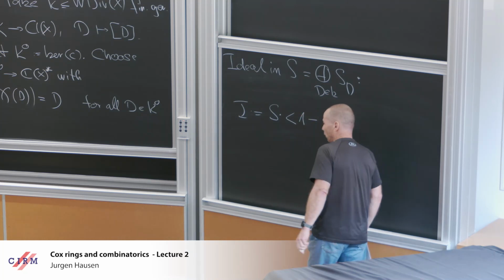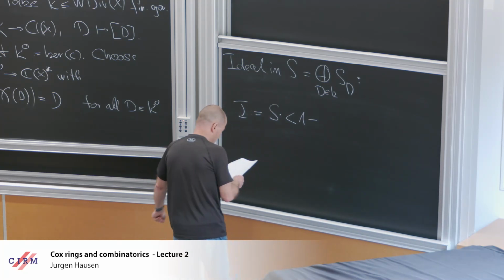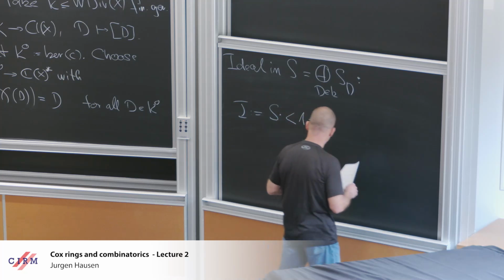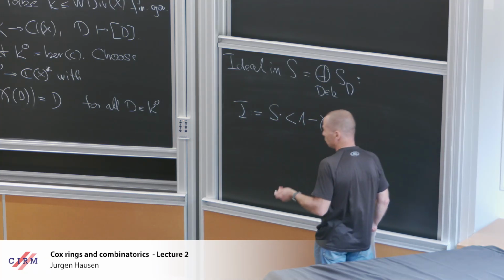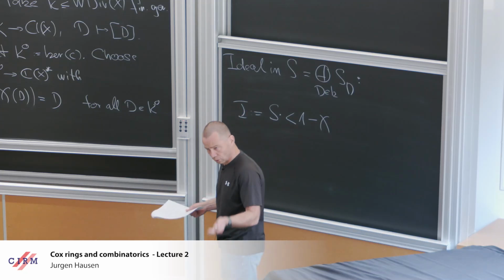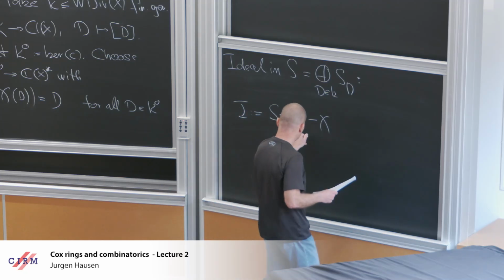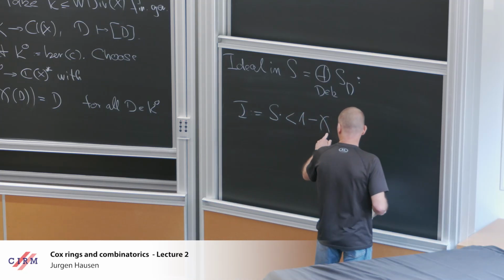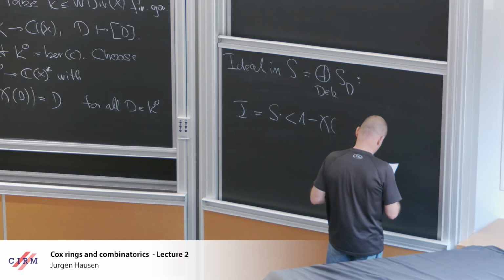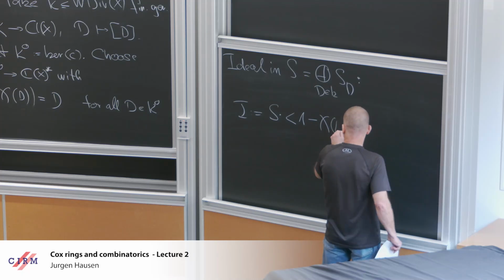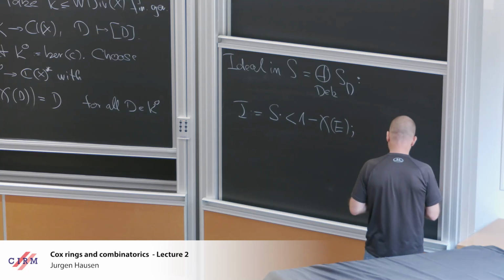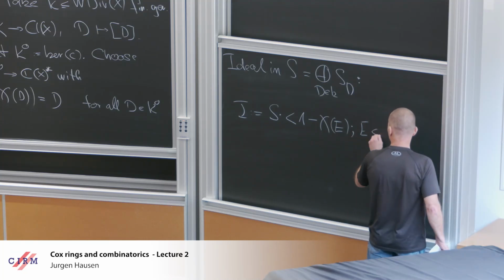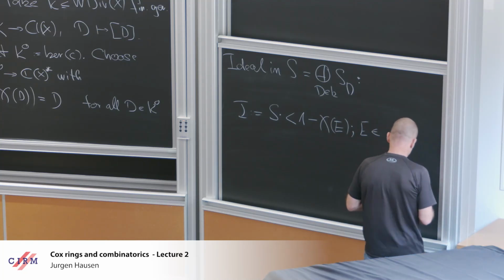What I'm doing is, I want to get rid of the principal divisors and their components. So I will identify all those where this E runs through the kernel.